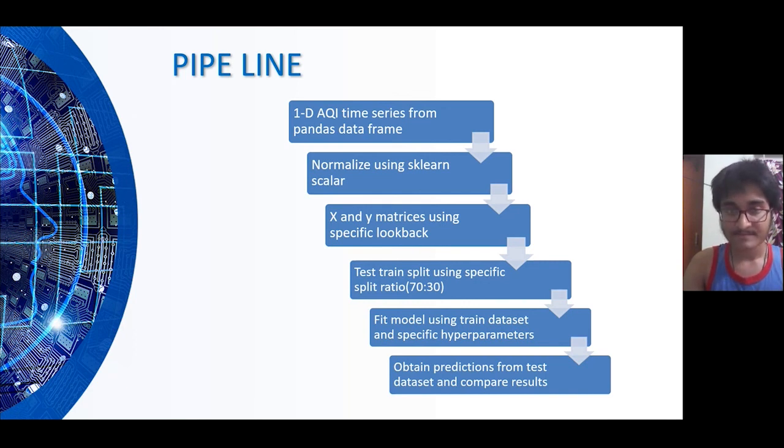Using the training dataset, we fit the model with specific hyperparameters. After training, we put our testing dataset into the model and obtain the predictions from which we compare the results. Now we shall go through each of the implemented models and their scores and errors.